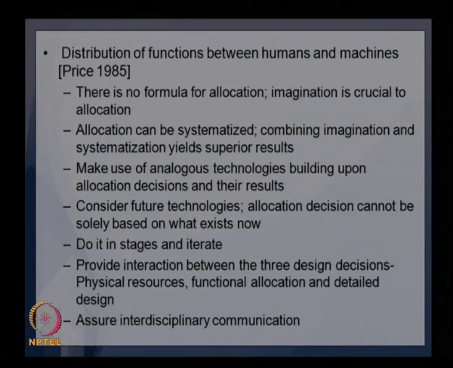There should be sufficient interaction between these three, and there should be a proper communication architecture or communication interface between different domains in the system. Whether it is a mechanical domain, an electronics domain or a communication domain, we should identify the interdisciplinary communication requirements and accordingly provide the system architecture. So, these are the points to be taken care of while allocating functions.